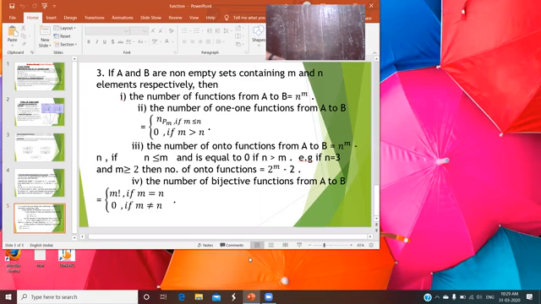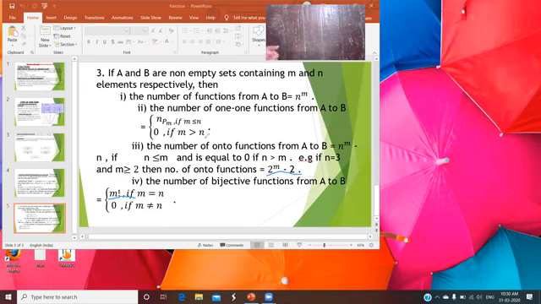So here you have some important points by which 1 mark questions can be asked. For a bijective function, it is necessary that the number of elements in the domain and the codomain are the same.